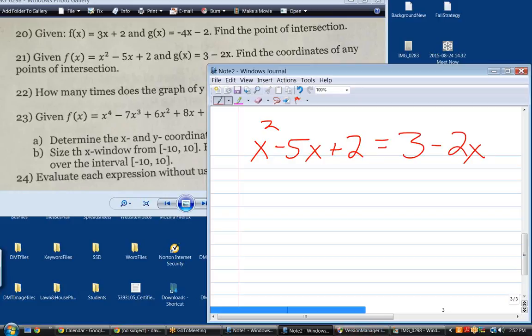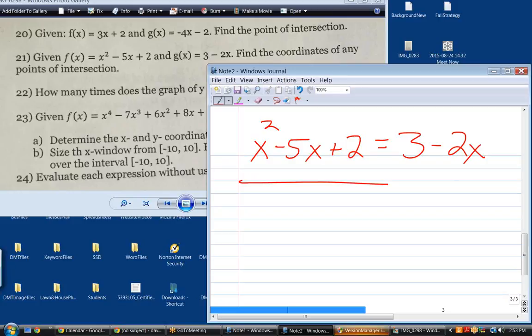Factor. When you're dealing with quadratics, remember the first step is almost always to get 0 on one side. It doesn't do any good to factor that if this is not 0.